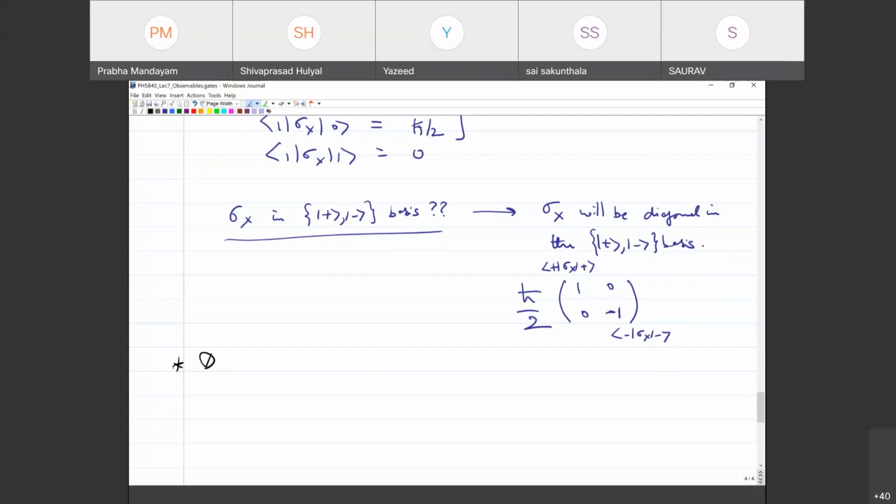So all Hermitian matrices will obviously be diagonal. The matrix representation, in fact, for any operator will be diagonal in its own eigenbasis, right? By which I mean the basis made out of its eigenvectors.